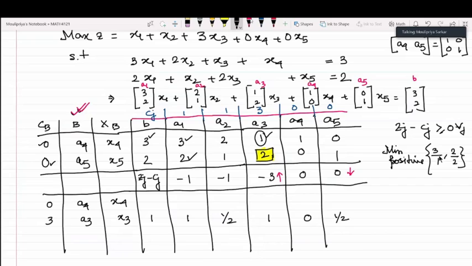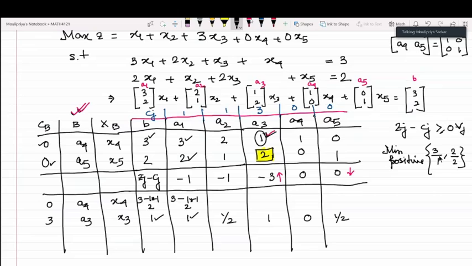The calculation was like the element was initially 3 minus this one multiplied by what we got recently, 1, which is equal to 2. This element correspondingly would again be 3 minus this element 1 into this element 1, which is again 2.